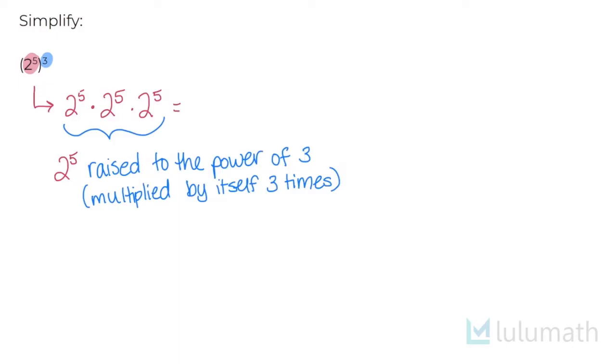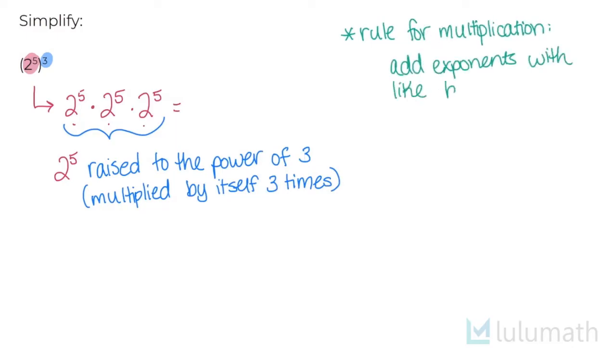So since I'm doing 2 to the power of 5 times 2 to the power of 5 times 2 to the power of 5, we want to remember what the rule is for multiplication. We need to add exponents with like bases. Since our exponents here are 5, 5, and 5, we are just going to add 5 to itself 3 times, and I end up getting 15.